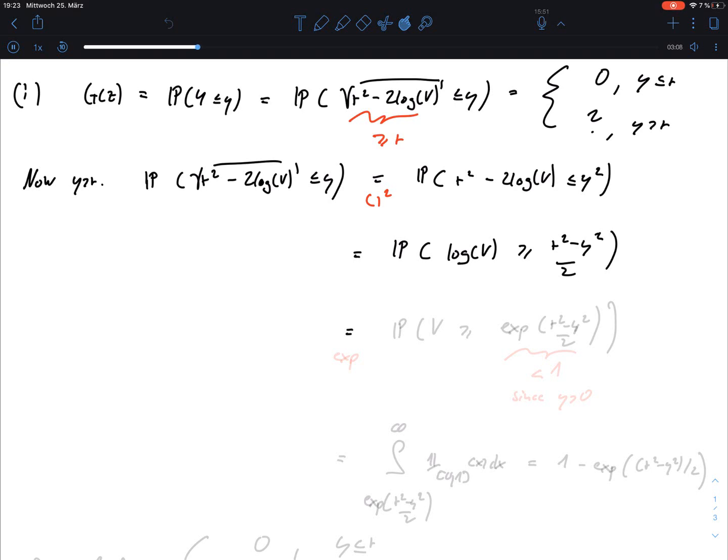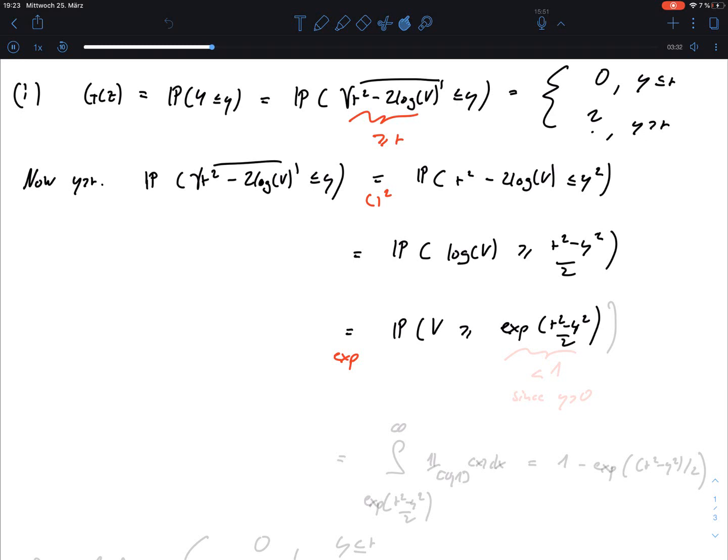And now we are taking the exp. So we are getting the probability that V is greater or equal than exp of (r squared minus y squared) divided by 2. Okay, so what to do with this?